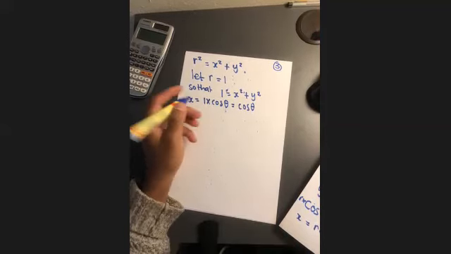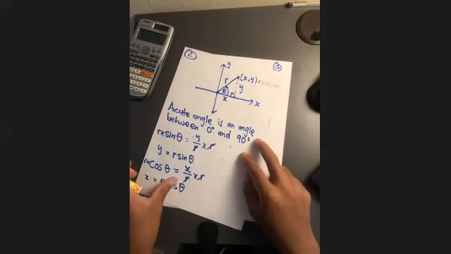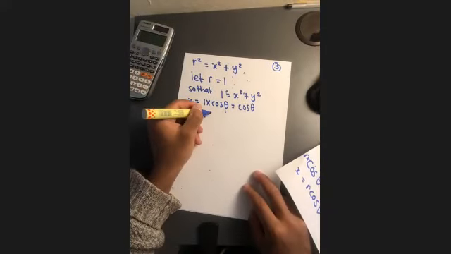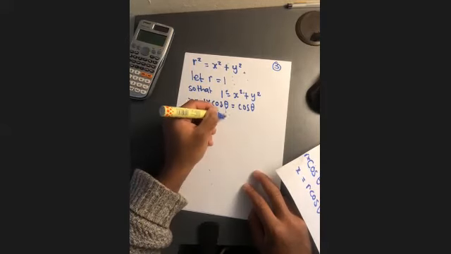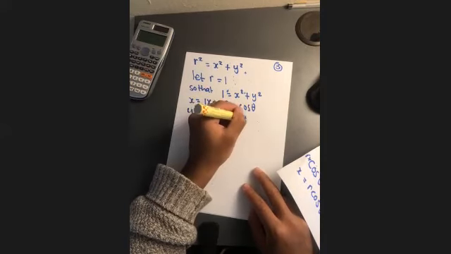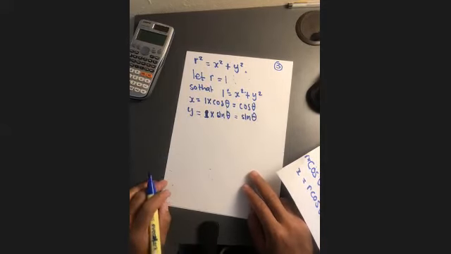For y, we found it to be r sine of theta. But now we know that r is equal to 1, so you're going to have 1 times the sine of theta, which is just equal to the sine of theta.